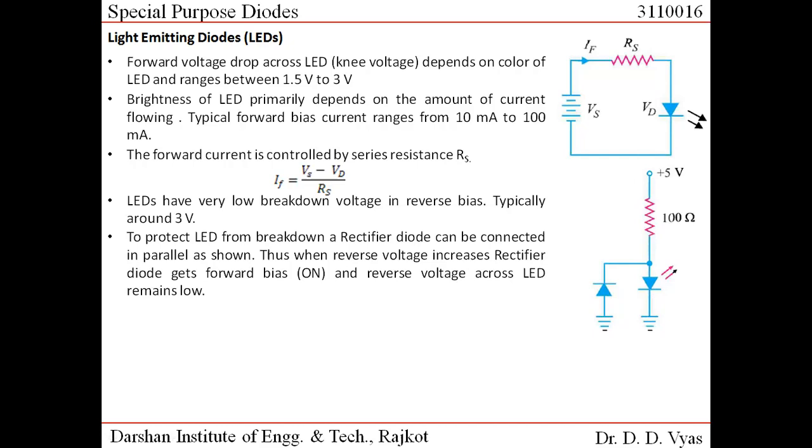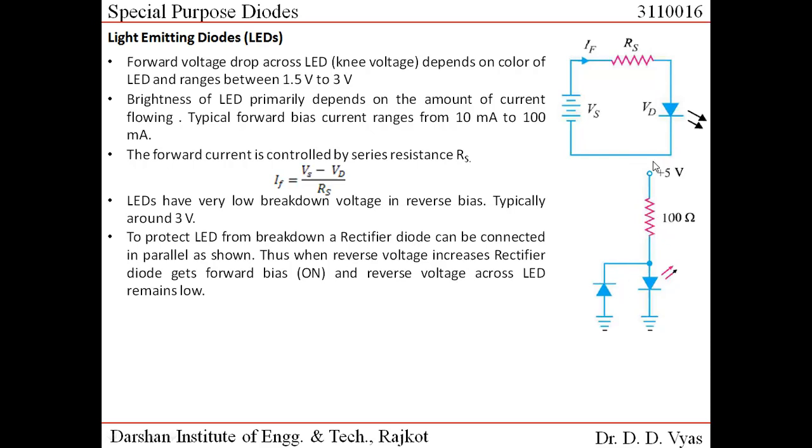How does this provide protection? It is simple to understand that LEDs are generally operated in forward bias because their purpose is to emit light. So, say a positive voltage is connected here. When a positive voltage is connected here, it makes the LED forward biased. At that time, the rectifier diode is reverse biased, so you can assume that it is out of the picture. So in the forward bias condition, this rectifier diode is out of the picture.